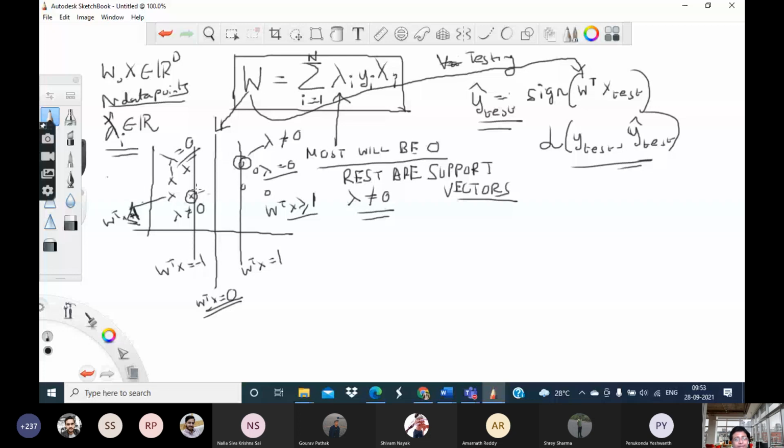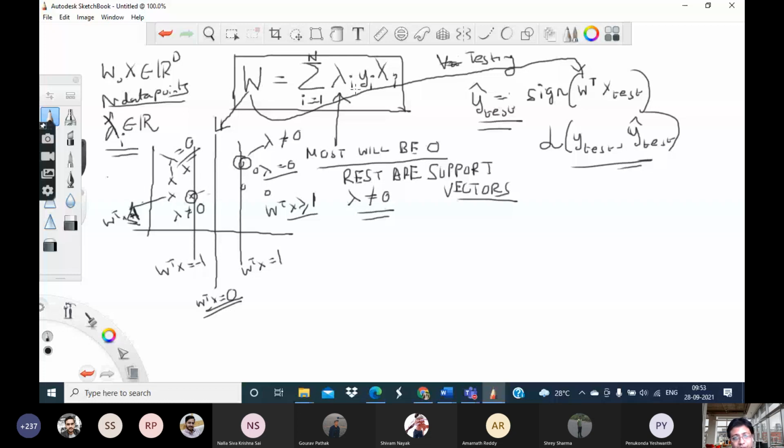So W depends only on these critical points, because these points are on the verge of getting misclassified. So W puts in special care in classifying these points. Right, so it is these points which we say are supporting W. That is why we call these points the support vectors. These points do not support W. It is these points which do.